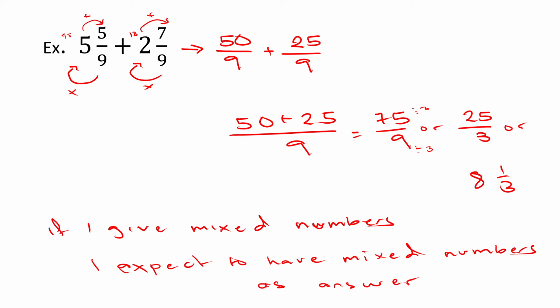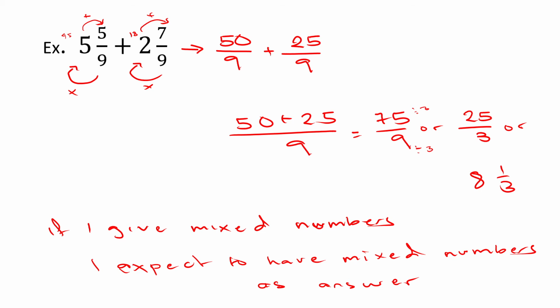If your question is in mixed numbers, then I prefer your answer to be in mixed numbers. So it's a good deal: if I give you mixed, you give me mixed. If I give you improper fractions, you give me improper fractions. Mixed numbers will probably be rare, but they'll still appear, not like just 1 or 2 questions, but not a lot, okay?